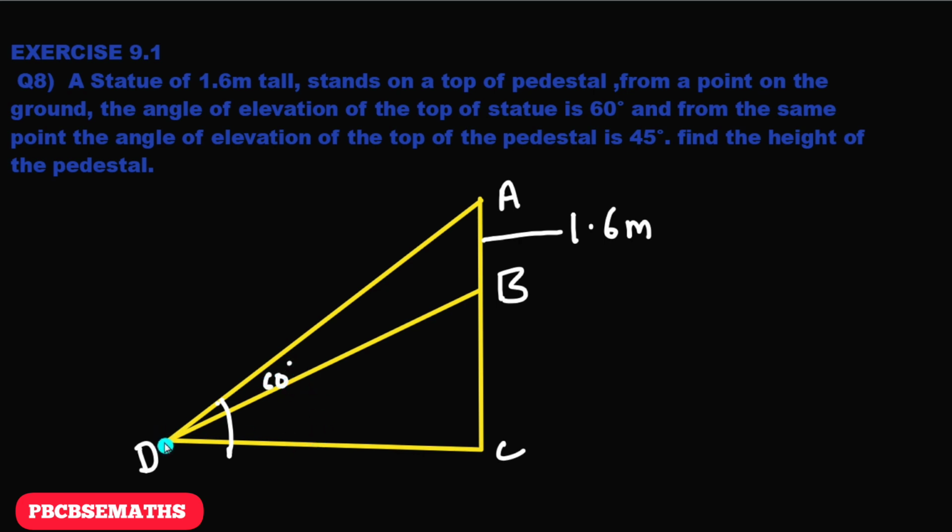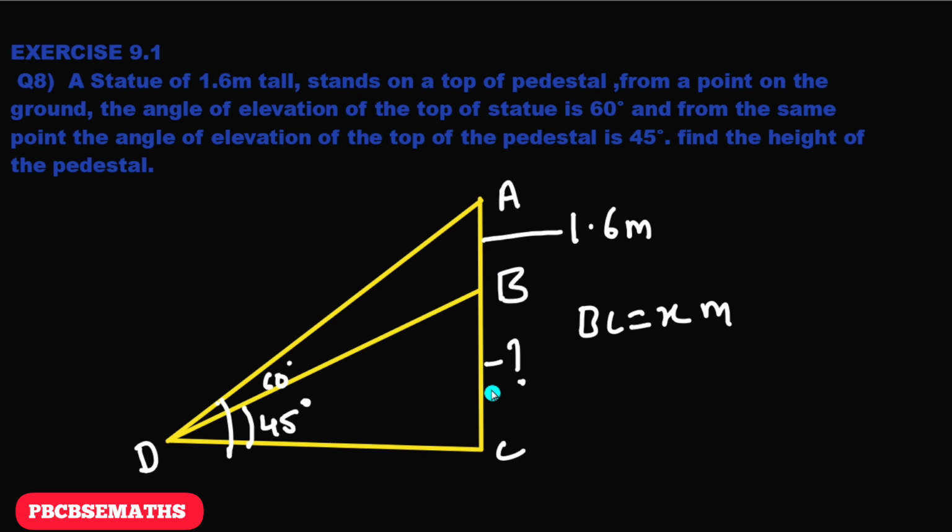From the same point D, when we watch the top of the pedestal, the angle of elevation is found to be 45 degrees. With the help of all this, we need to find the height of the pedestal. For the moment, let's consider the height of the pedestal, that is the value of BC, as x meters.